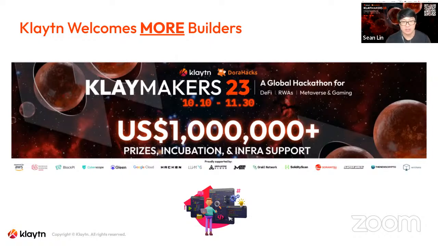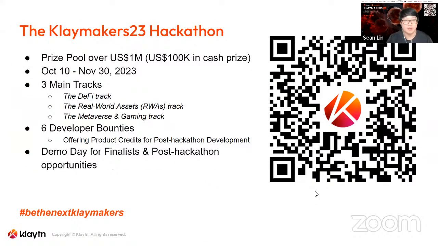So the reason we are all here today is because of Klaymakers 23, and as we opened with the kickoff at the beginning of October, Klaytn has been ready to welcome more builders, and this is our great initiative for everyone to participate in this hackathon and submit your ideas to run as a service on Klaytn.